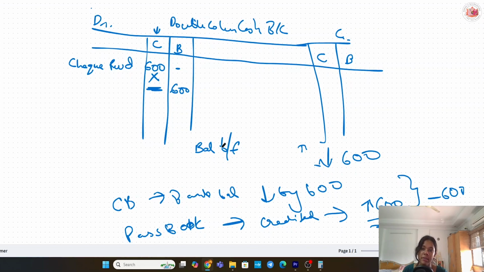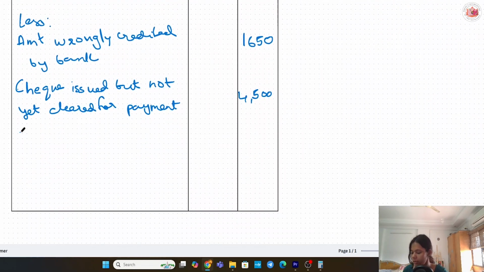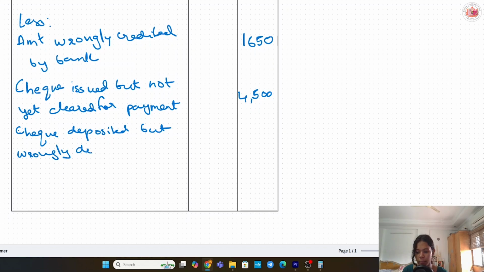But for now, for our bank reconciliation statement purpose, our passbook balance is more by rupees 600 than our cash book balance. Now, if it is more and I need to equalize, what will I do? I will reduce by 600. What will I write? Check deposited but wrongly debited in cash column of cash book: rupees 600.